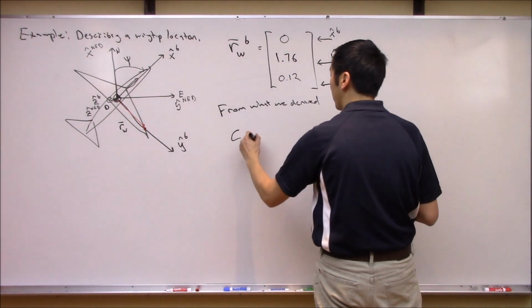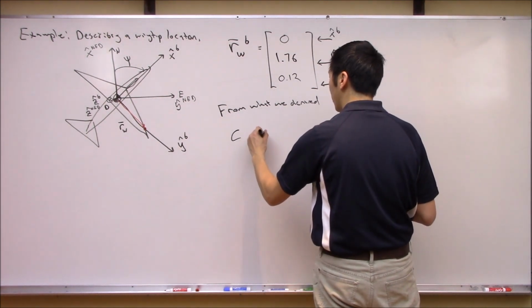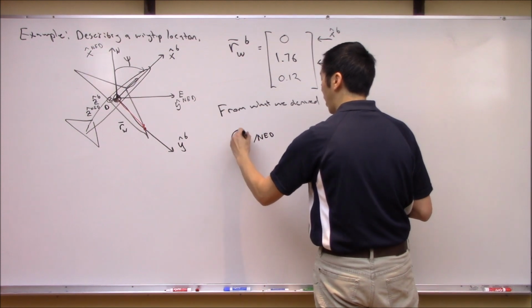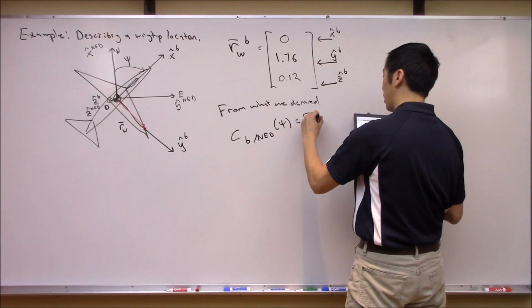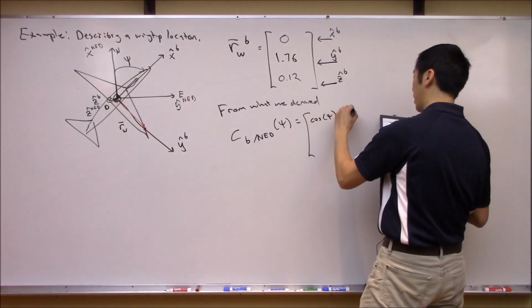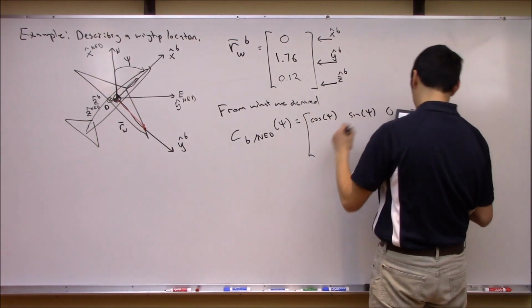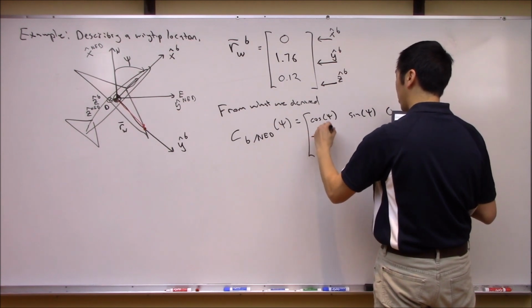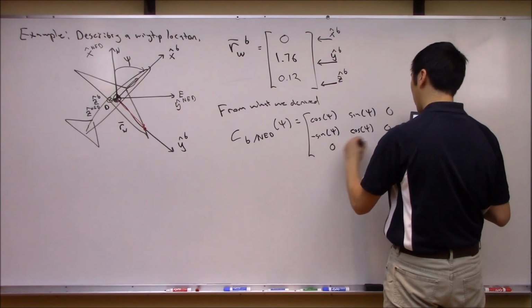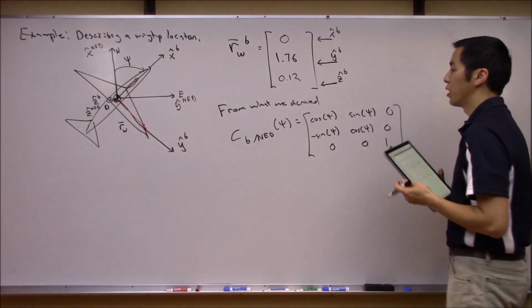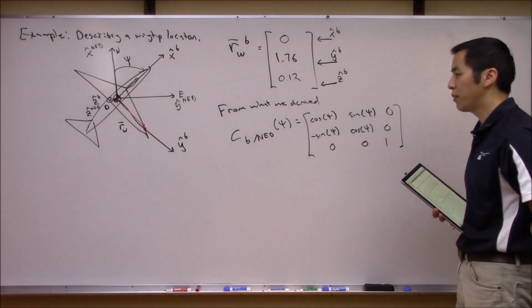Earlier we got the rotation matrix from the north-east-down frame to the body frame over angle psi. This was given by cosine psi, sine psi, 0, minus sine psi, cosine psi, 0, 0, 0, 1. So this is the rotation matrix we had earlier.